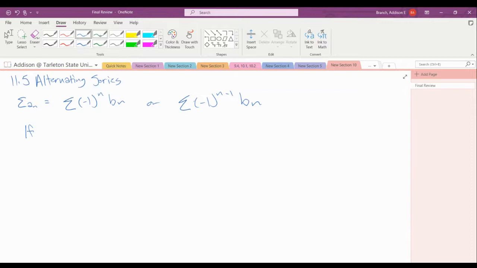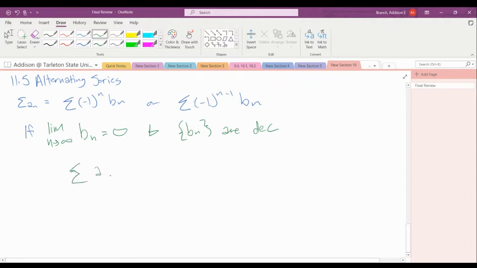If our limit as n approaches infinity of b_n, so pretty much the rest of the series that's not the alternating part, is equal to 0, and the terms of b_n, or the sequence, are decreasing, then your full series a_n will be convergent as well. If one of these stipulations is not met, then it'll diverge.